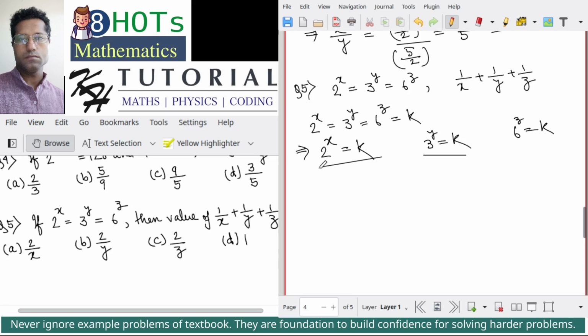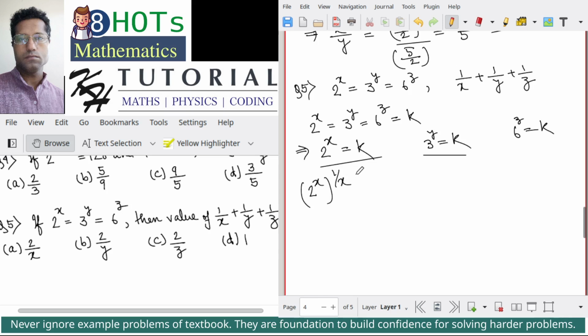So let's proceed. How can I get 2 from 2 to the power x is equal to k? How will I get rid of x from the left hand side? I want to do some kind of operation involving taking power of something, so that the left hand side becomes 2. As you can see, if I take power of 1 by x on both the sides, I have 2 to the power x, and I raise the whole to the power 1 by x.